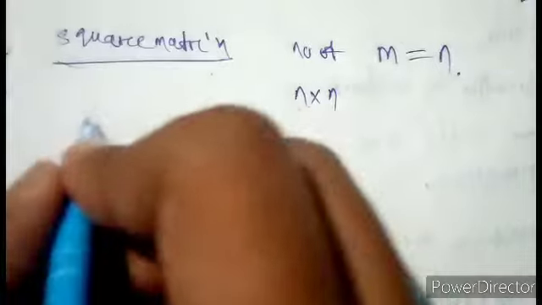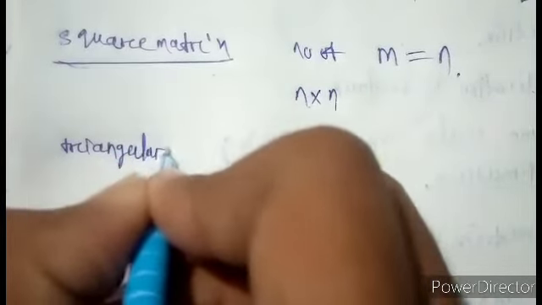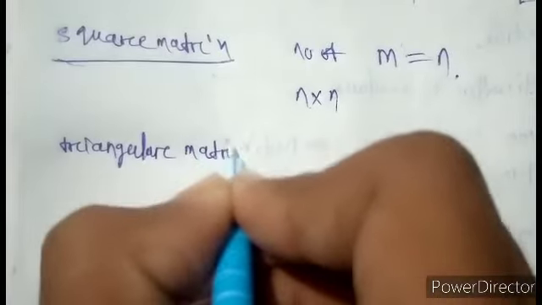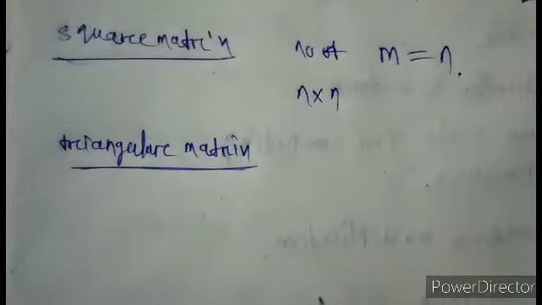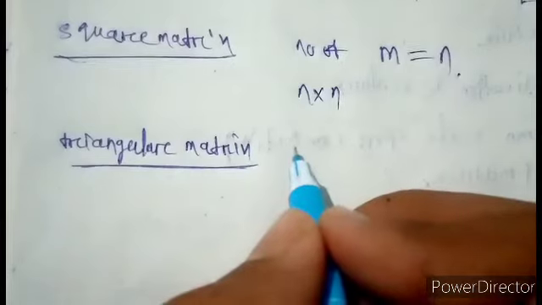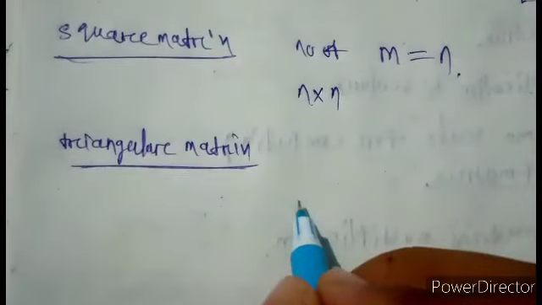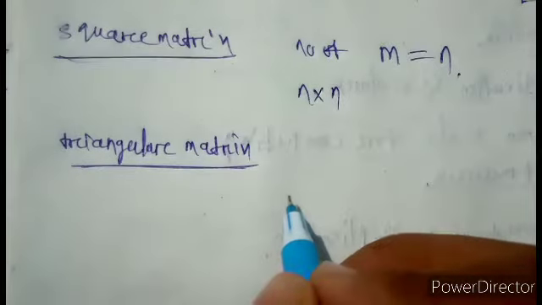Then come to the triangular matrix. What is called a triangular matrix? Except the diagonal elements, all the upper and lower diagonal elements are 0.